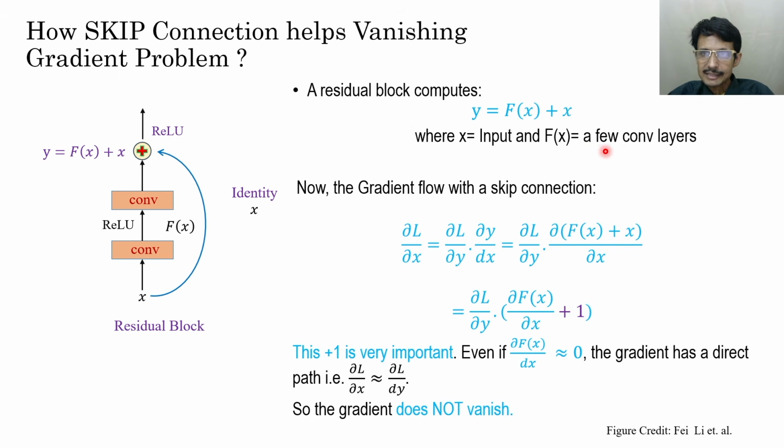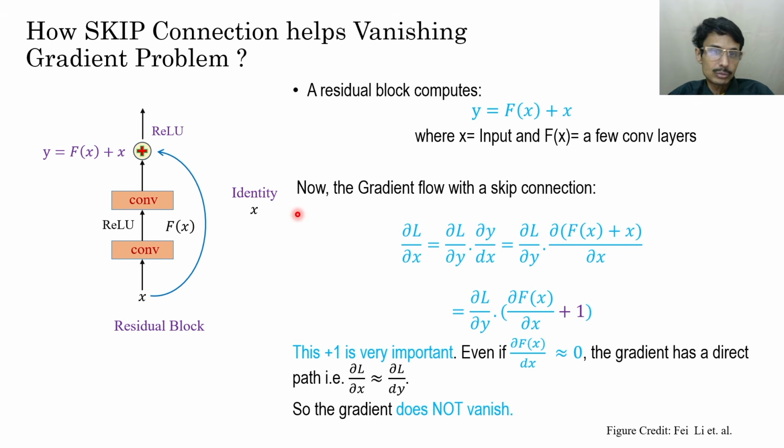X is the input, F(x) is the few convolution layers. Here you can see that y is equal to F(x) plus x, this is the residual block. That's why this was initially called H(x). So F(x) is equal to H(x) minus x. So this is basically it.